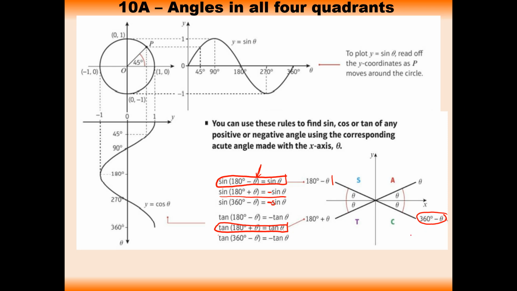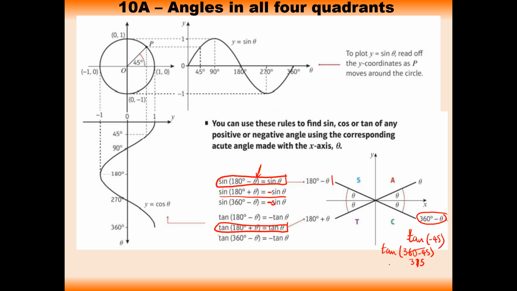So if you have tan of a negative angle, let's say tan of minus 45, to turn it into a positive angle, you could say that's the same as tan of 360 minus 45, which is 315.